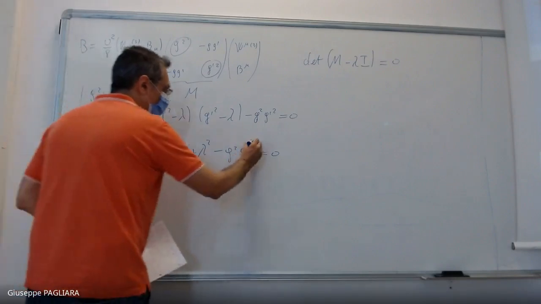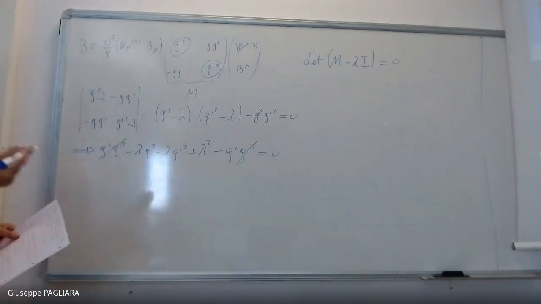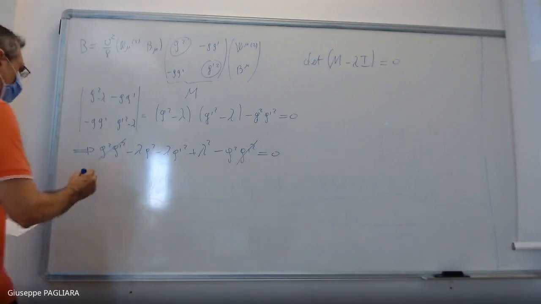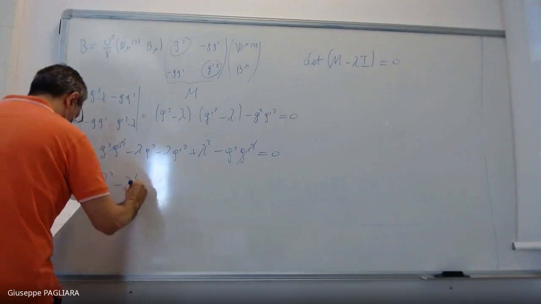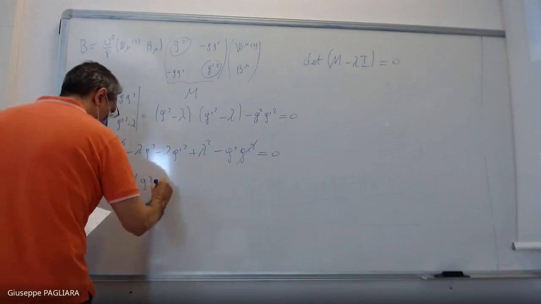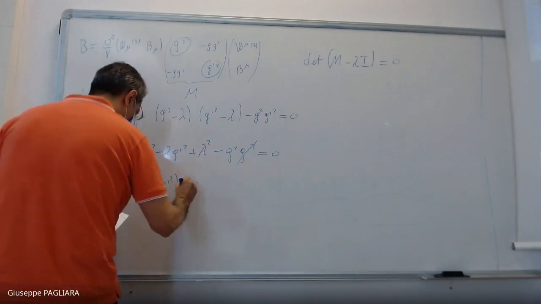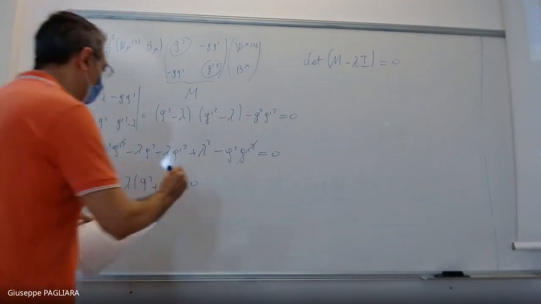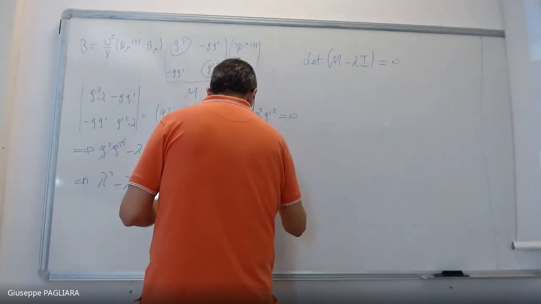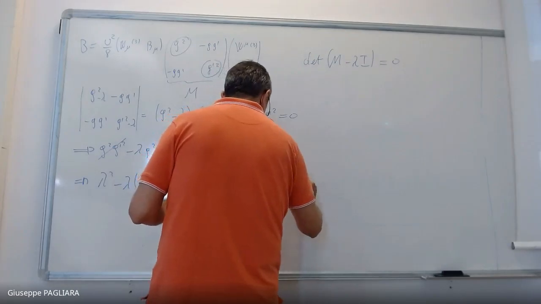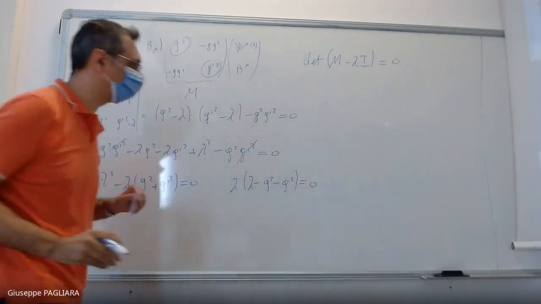So this can go away, as we wanted, because it is responsible for the mixing. And so we obtain that lambda squared minus lambda times g squared plus g prime squared has to be equal to 0. And so in other words, lambda times lambda minus g squared minus g prime squared has to be equal to 0.